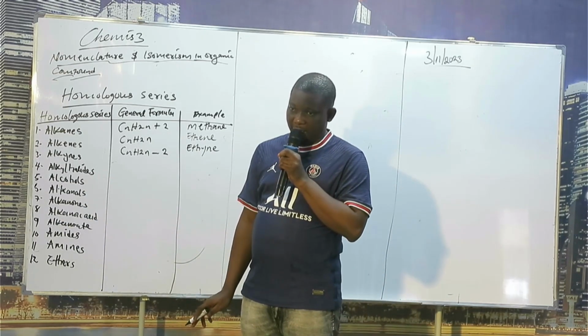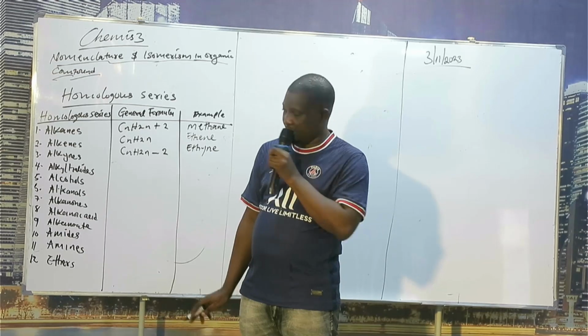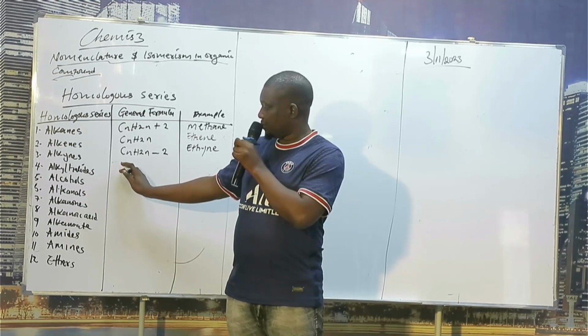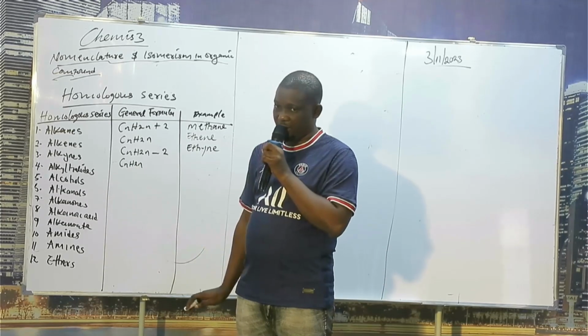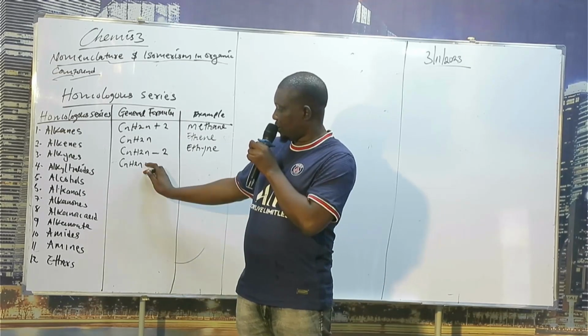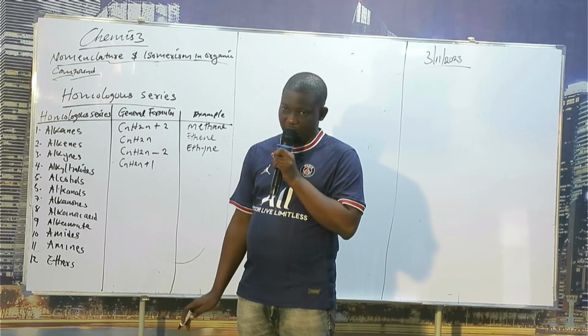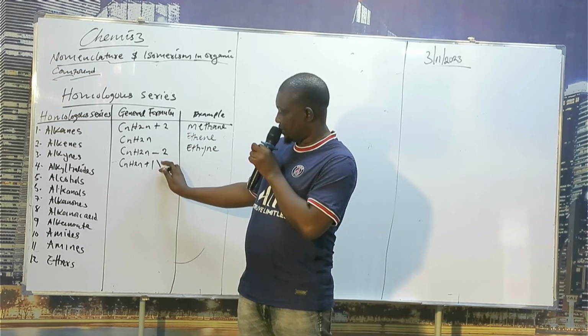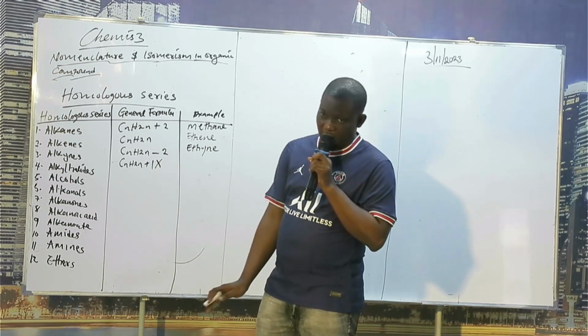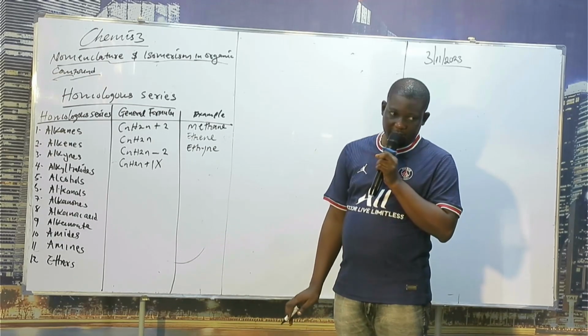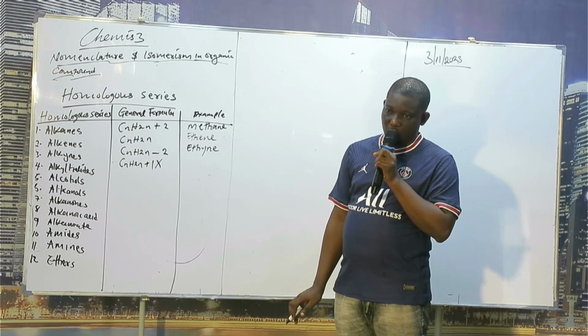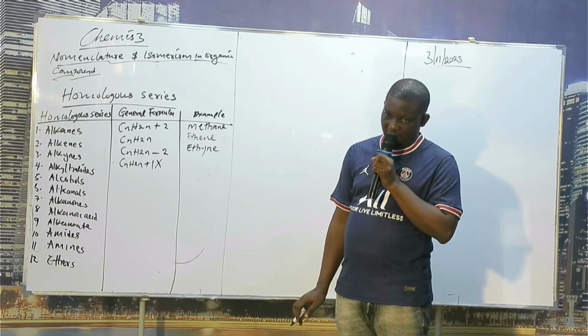For the next family, we have alkyl halides. The general formula is CnH2n+1X, where X is a halogen.